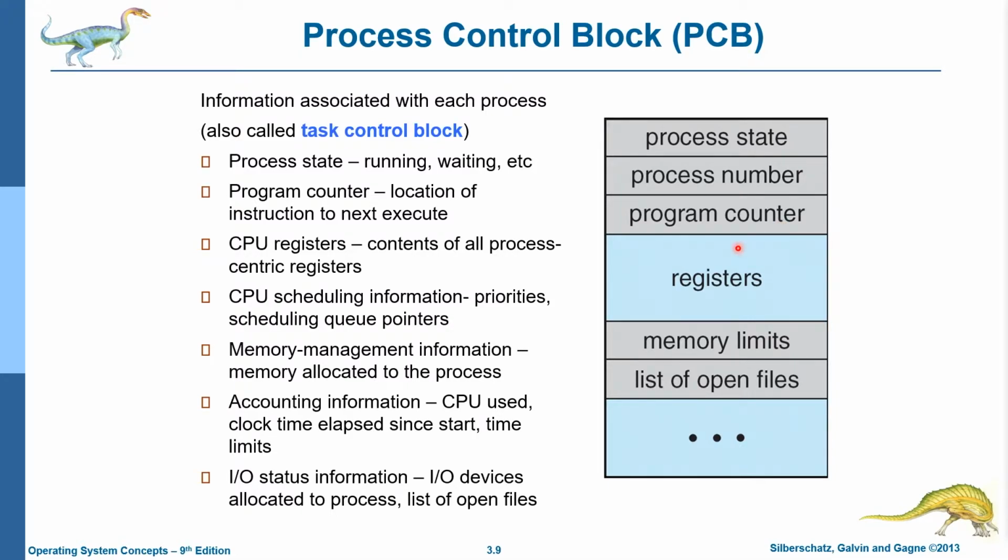It also needs to store the registers, that is the state of the processor when it was interrupted running that process, so that when it is restored, the task can begin running again with the correct information. Then there's potentially more information, such as how much memory the task is allocated, the files that are open, and maybe some more information about devices.